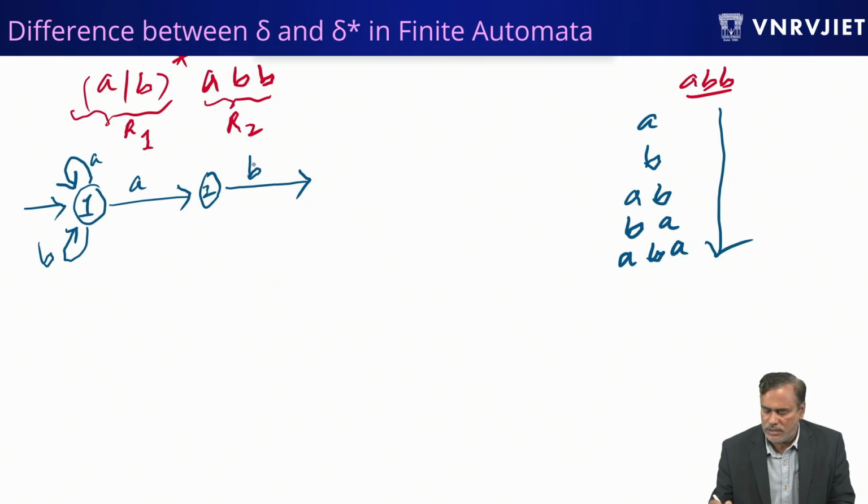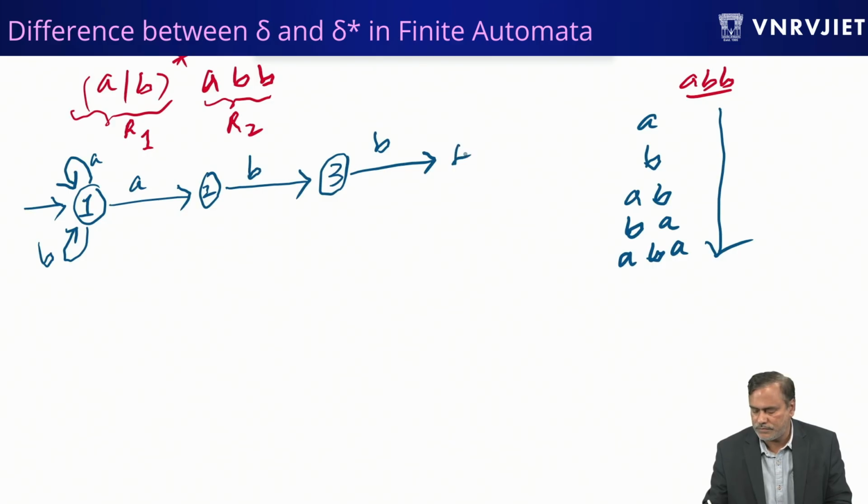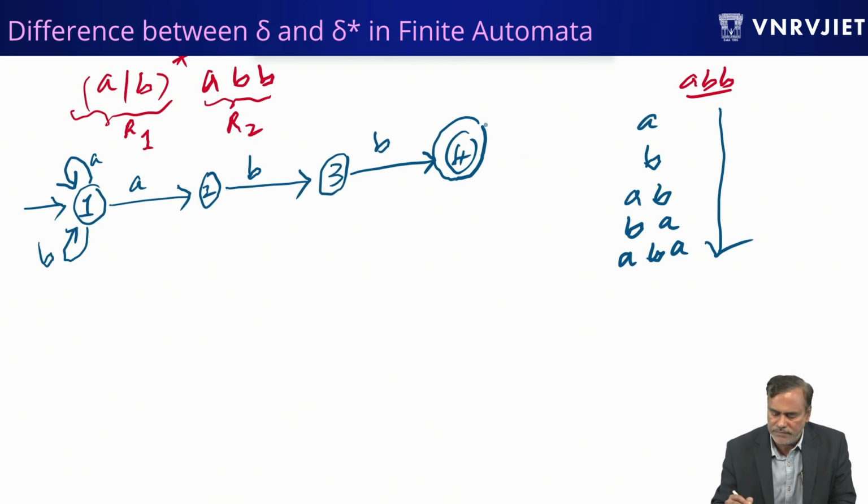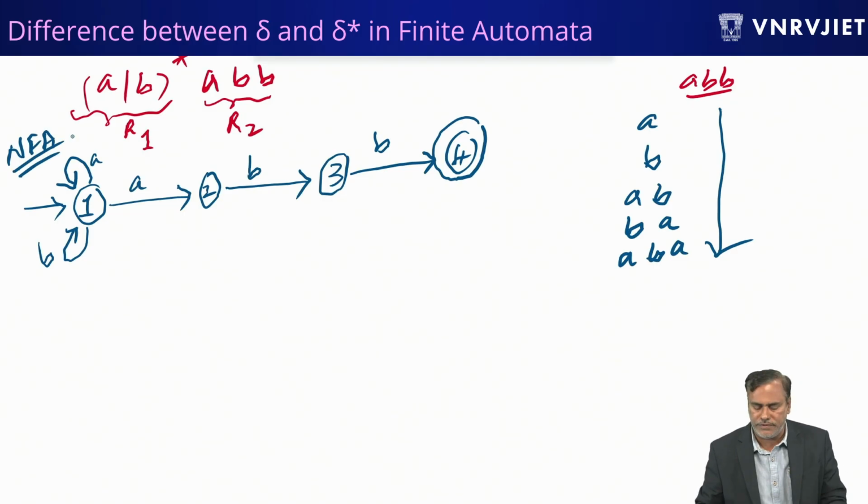This is input symbol B. This is state 3. And this is another input symbol, B: ABB. This is the transition diagram of this NFA.